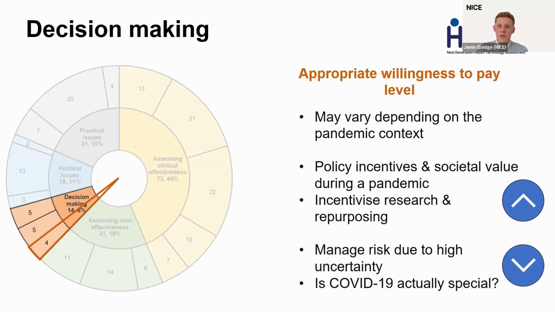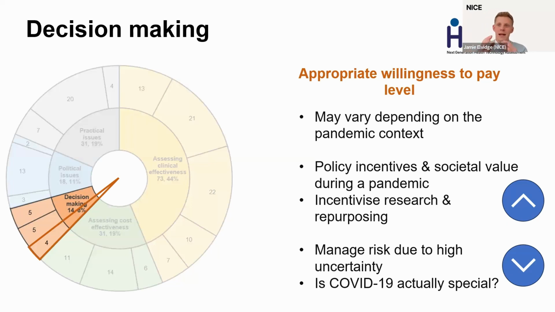And there are also some questions about, is COVID-19 really special? Taking it out of the context of a pandemic and a healthcare emergency, it's a respiratory disease infection. And is there really any reason that, away from the very urgent early stage of the pandemic, a year or two down the line now, we should be paying any more for effective treatments for that respiratory condition?